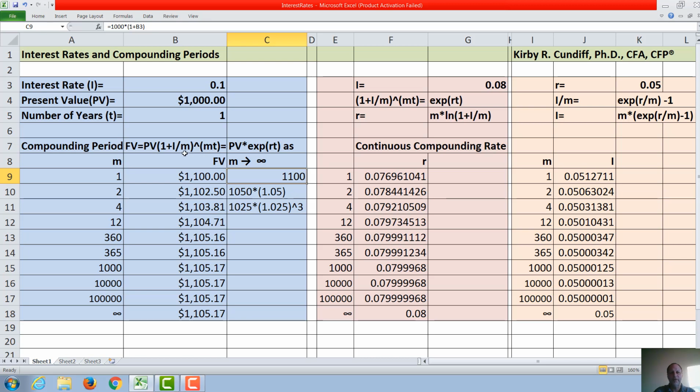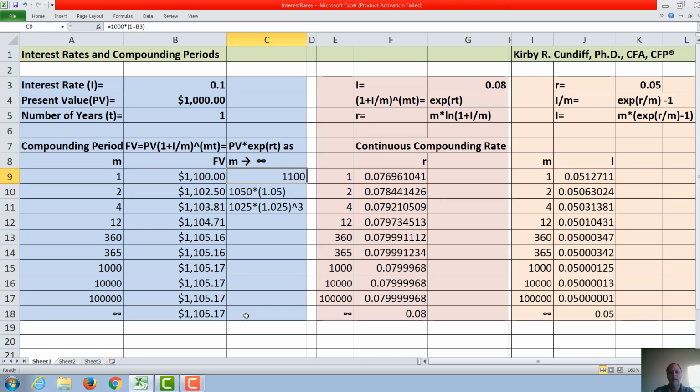Well, under the conditions that M here goes to infinity, you can do a Taylor series of this equation and you find that they are the same. So if the number of compounding periods M goes to infinity, this equation goes to future value equals present value times e to the RT, where e is 2.71828.